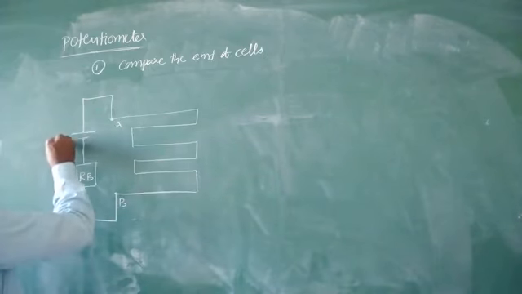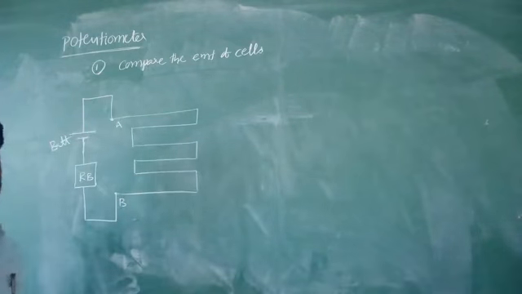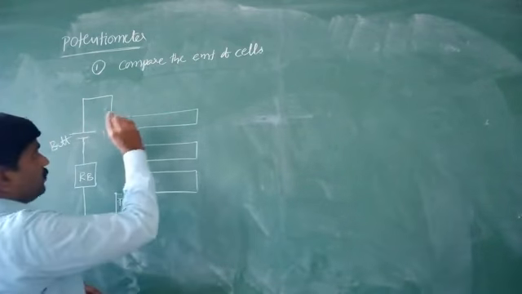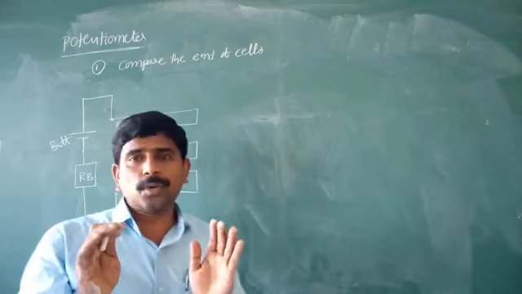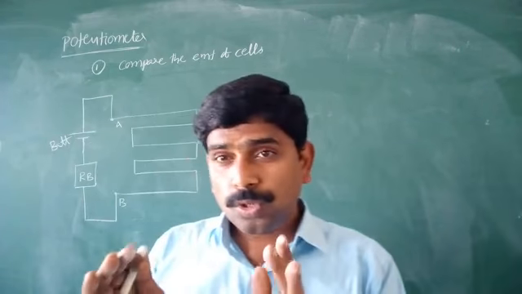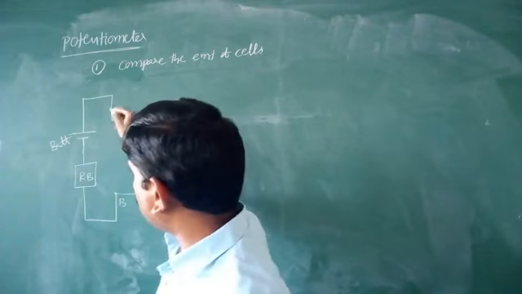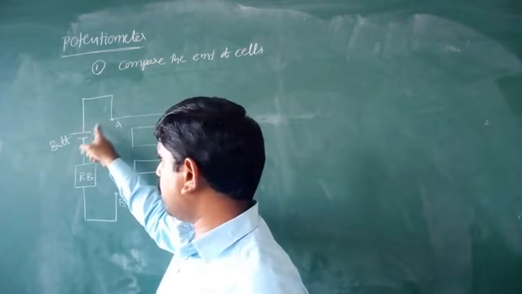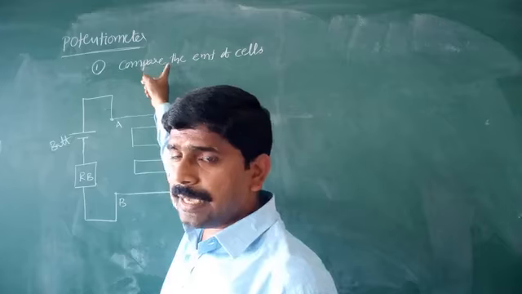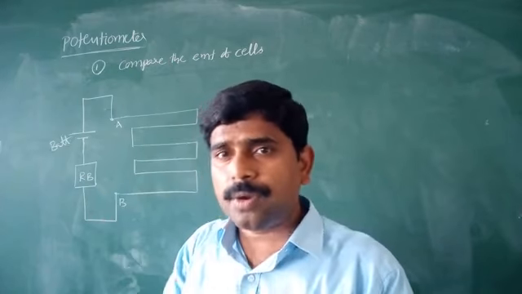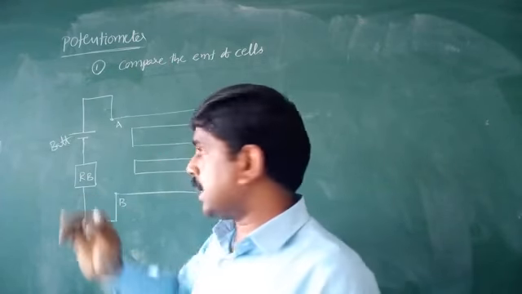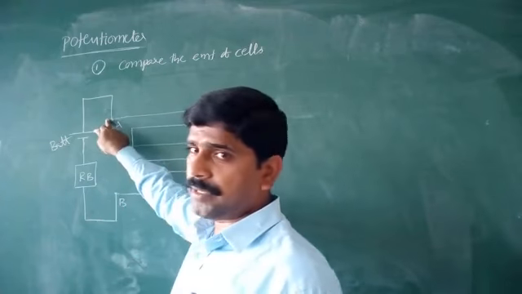Here this one is the battery. The positive terminal of the battery is connected to point A. At the same time, the two cells we want to compare have their positive terminals connected here along with the keys.